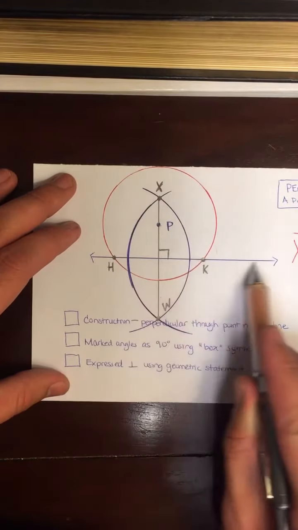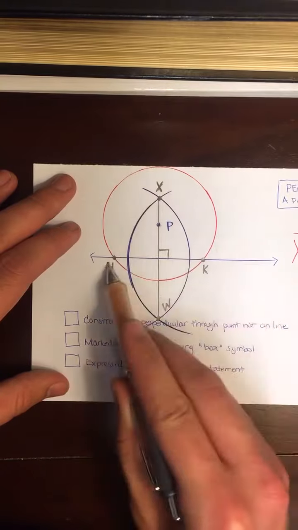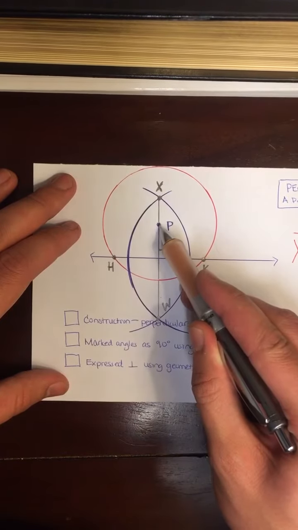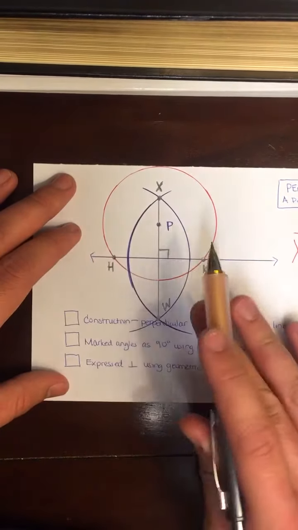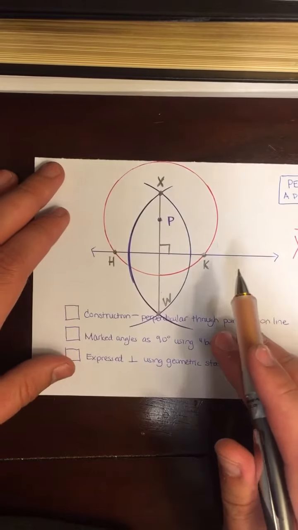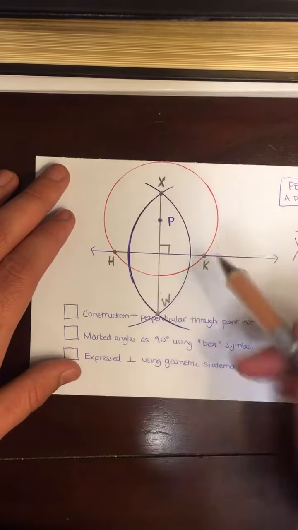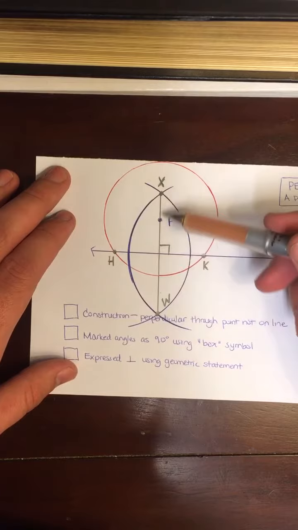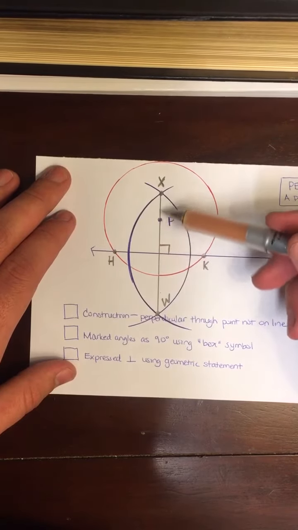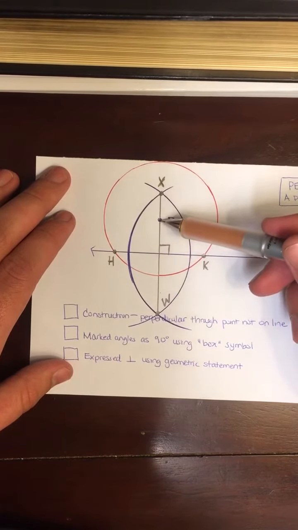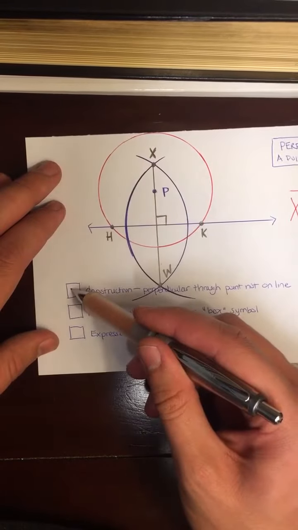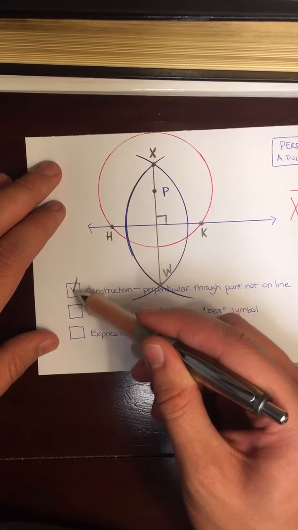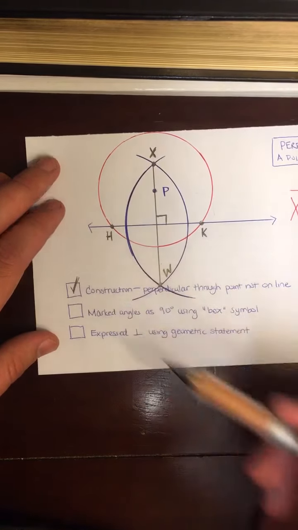We were given this blue line here, and I was also given this point P, and I used my compass and straight edge in order to create this perpendicular through my original line, but also such that my perpendicular goes through point P. So I have satisfied that expectation. I've created my construction.